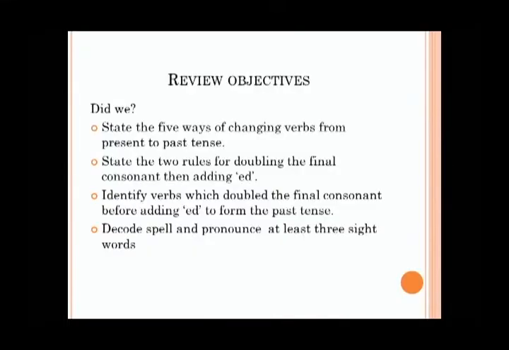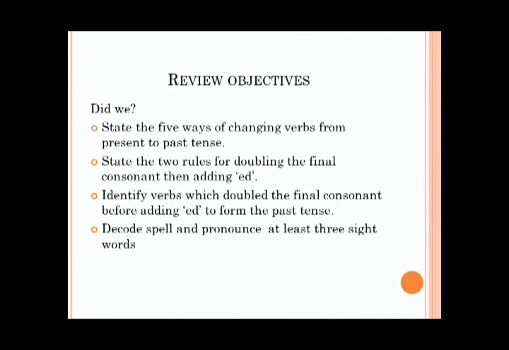Okay, boys and girls, let us continue. We are now going to be reviewing our objectives to see if we have achieved them. Did we state the 5 ways of changing verbs from present to past tense? Yes, we did. Did we state the 2 rules for doubling the final consonant then adding ed?